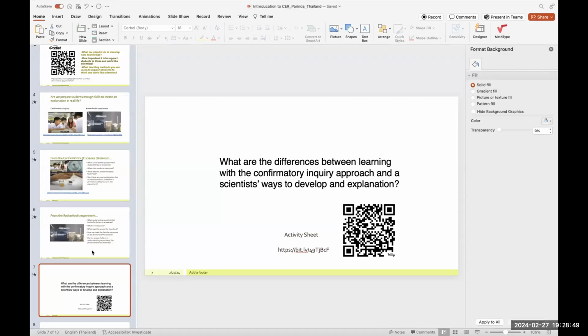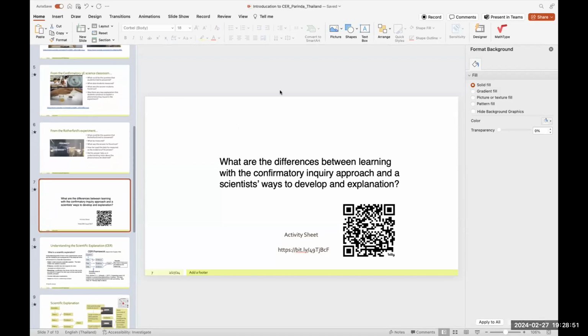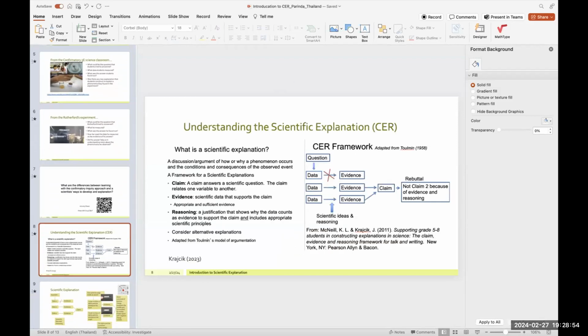So after discussion in the activity from the breakout room, I will have the teachers thinking about how different it is between the confirmatory inquiry in the classroom and the way that scientists try to explain phenomena. And I'm going to share the understanding of the scientific explanation from Joe's slide earlier.